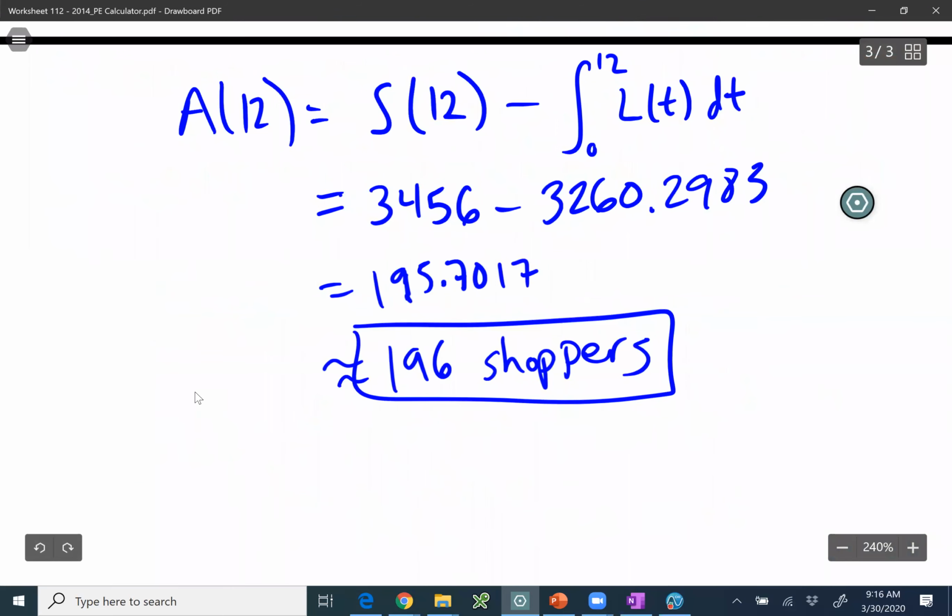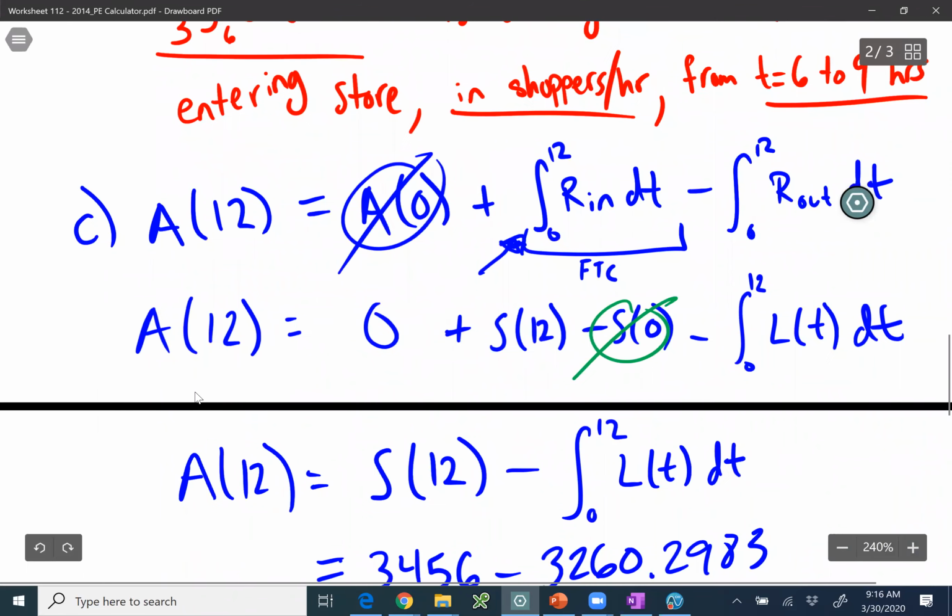Now, I want to go back here and just look at this because there is a second way we could have done this.